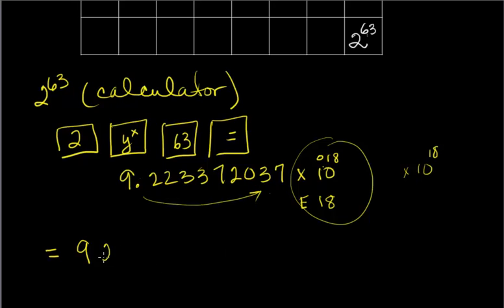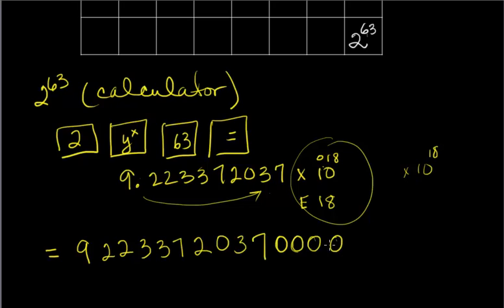So I'll have 2, 2, 3, 3, 7, 2, 0, 3, 7. That's 9 places, 9 digits to the right. So I have 9 more to go, and that will give me 0, 0, 0, 0, 0, 0, 0, 0, 0. That's what I got in my calculator.